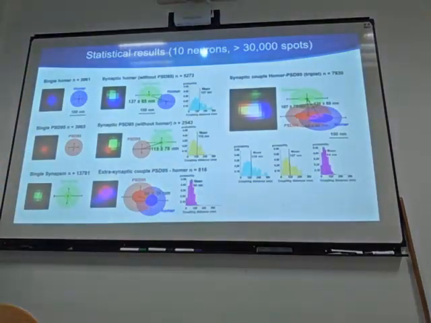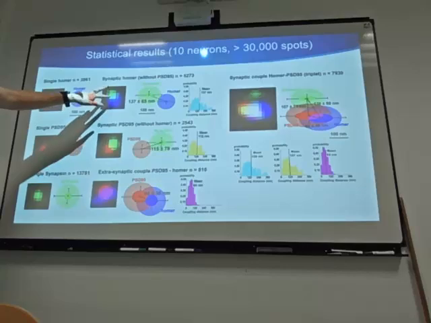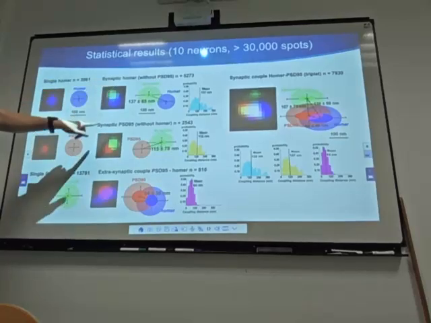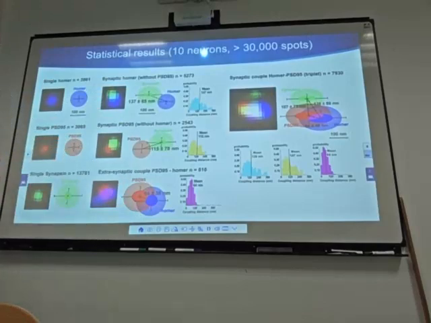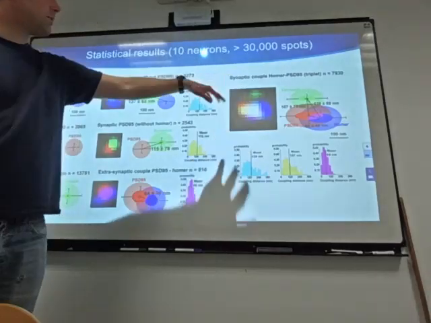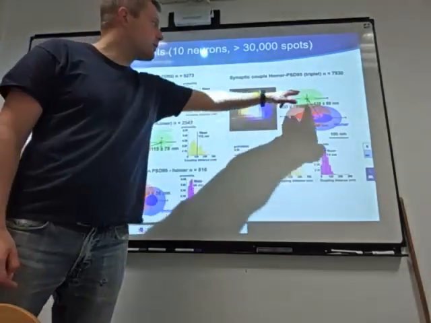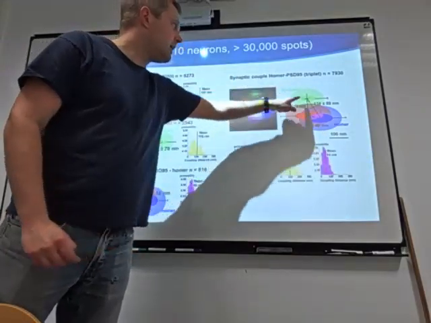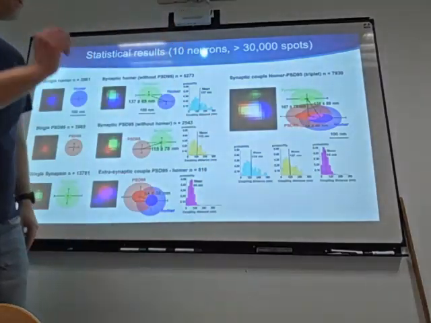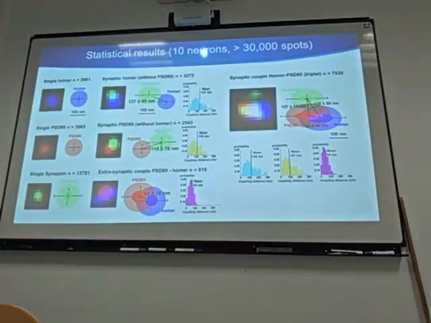And we ran this on 10 neurons, so more than 30,000 spots, and we could identify single molecules that are coupled to only one. So here, this is a synaptic Homer, synaptic PSD, or extra-synaptic coupled PSD-Homer. And most of the synapses contain the three, the synapsin, the PSD, and the Homer, and we could identify the size and the distance between all the molecules with nanometer precision. So that was nice.